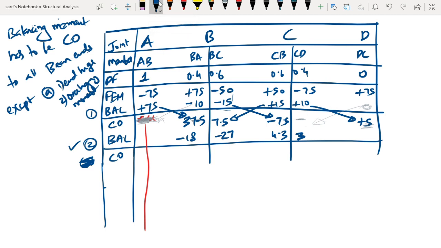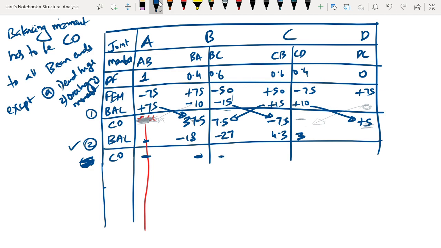Let us start from the first point. We don't have to carry over here because it is an end hinge. The next place is this particular point, but since there is no balancing moment at this point, we cannot carry over anything here. Next point is this.